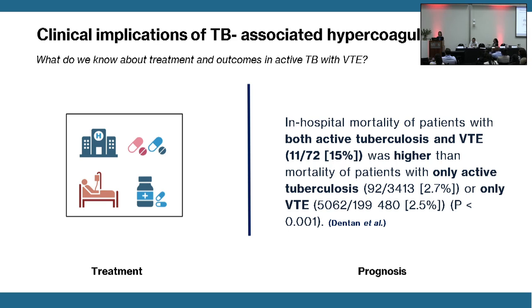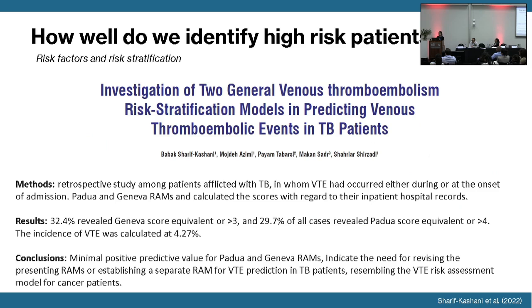However, despite theoretical benefits, there's currently a lack of published data assessing the safety and efficacy of DOACs in combination with anti-TB treatment. In-hospital mortality in patients with both active TB and VTE has been shown to be higher than mortality in patients with only TB or only VTE. An important aspect of TB care, therefore, should be to recognize those at high risk for VTE.